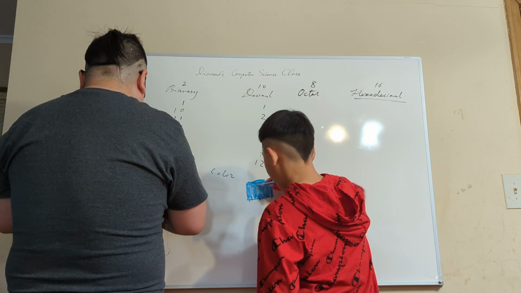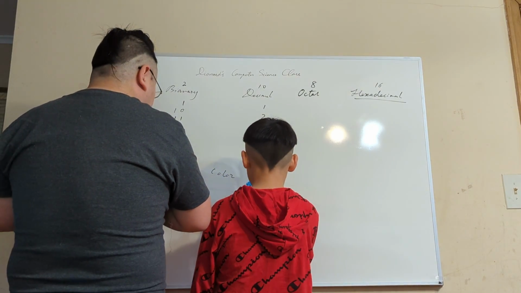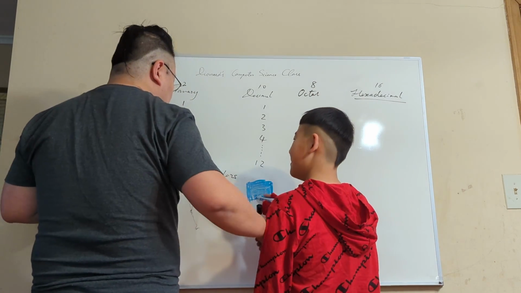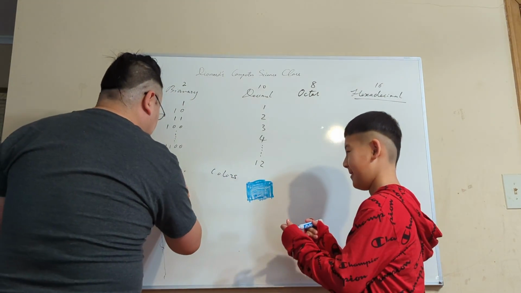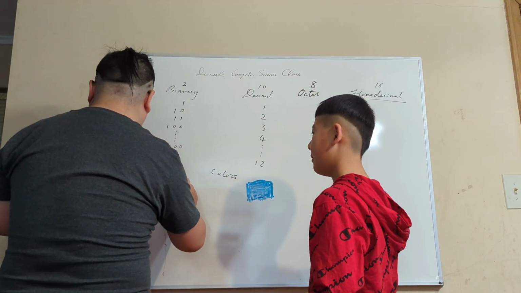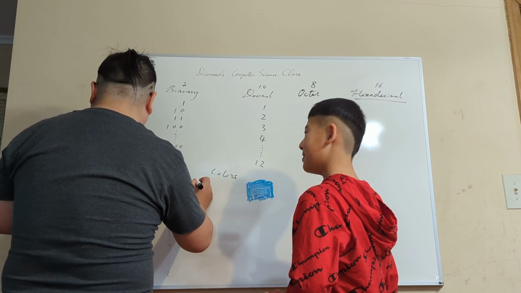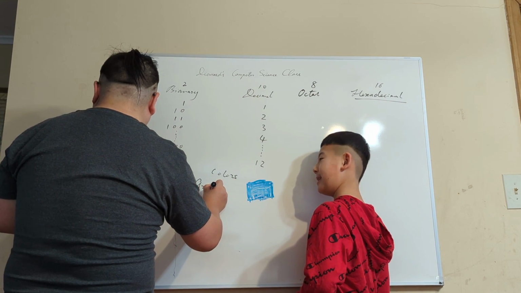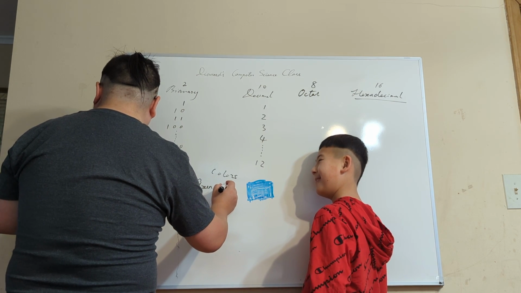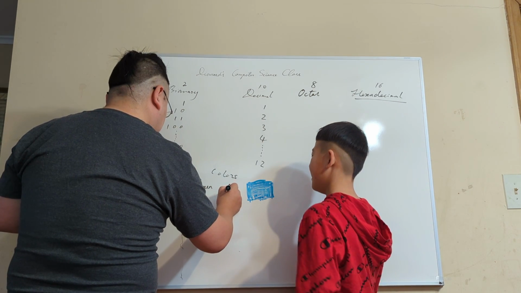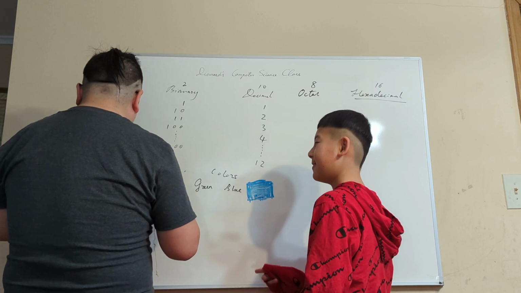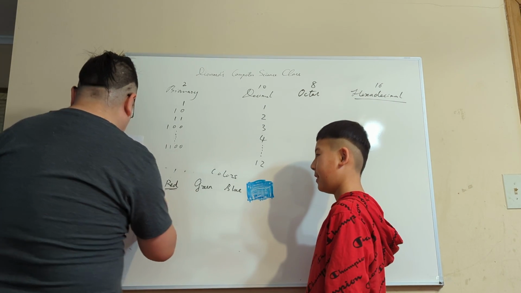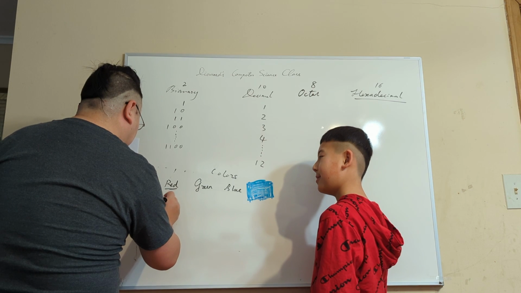In computer science, we have three basic colors: red, green, and blue. So for example, for the red color, we use a pound sign.